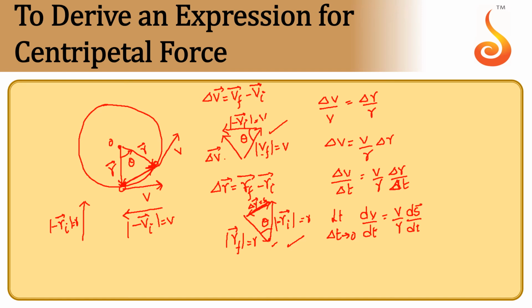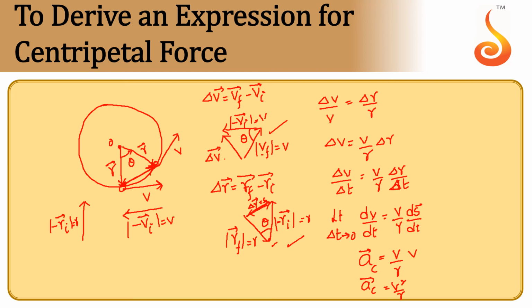Delta v by delta t is nothing but acceleration. But remember, this acceleration is not due to the change in magnitude but change in direction. Therefore, it is centripetal acceleration, and ds by dt is v again. So finally, centripetal acceleration is equal to v square by r, where v is the magnitude of tangential velocity, and r is the radius of the circle.